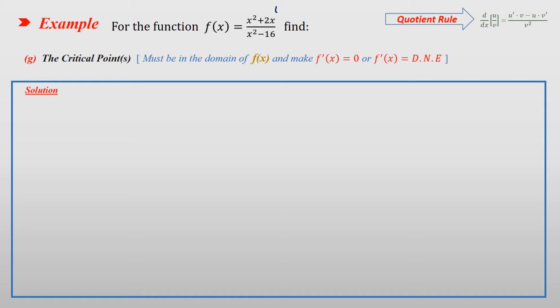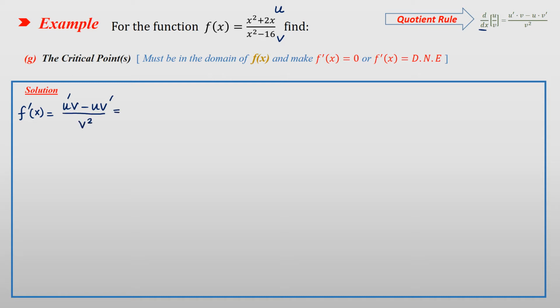So you name the numerator u and the denominator v. And this is the quotient rule. So the derivative of our function equals u prime v minus u v prime divided by v squared.